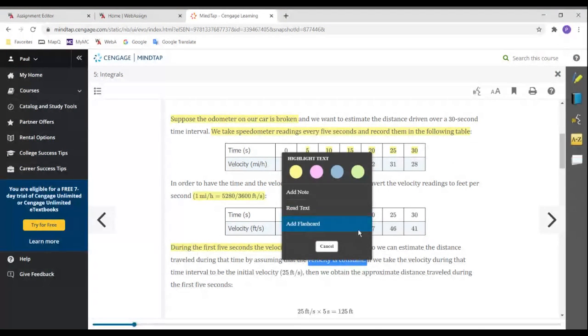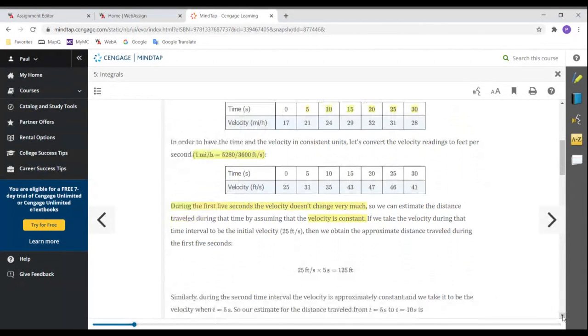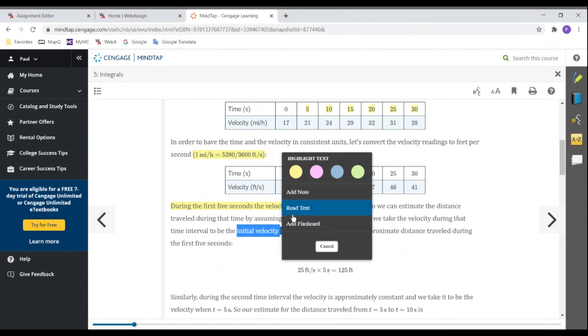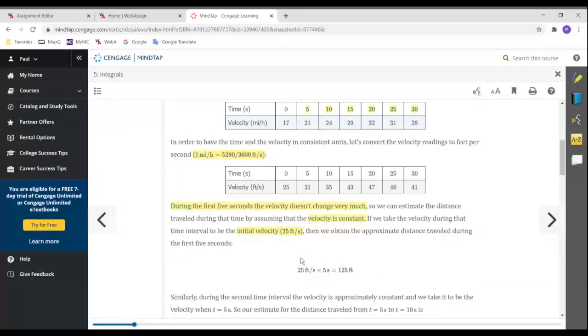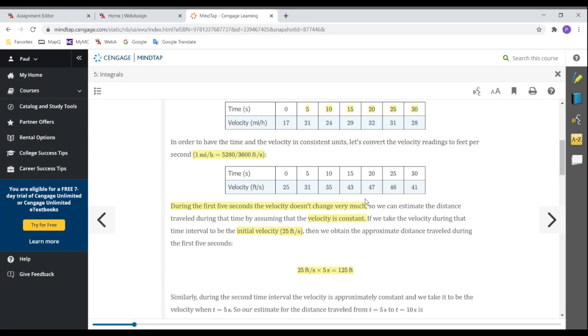If you take the velocity of 25 feet per second over the first 5 seconds and assume it is constant, how would you get the distance? You take 25 feet per second and multiply it by 5 seconds, and that gets you 125 feet.